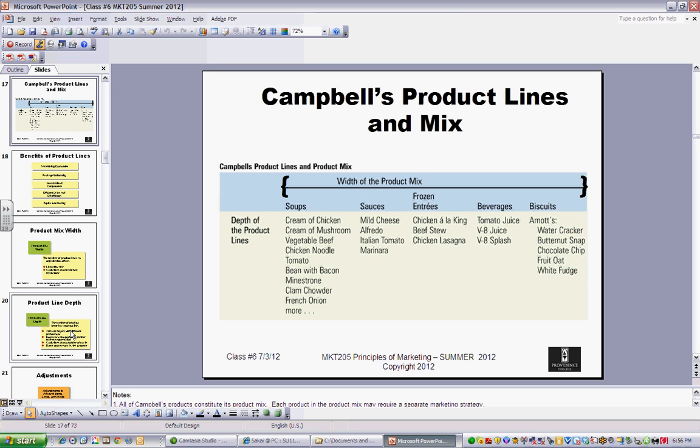If you think of someone like Campbell's, for instance, you think of them as a soup company, but it turns out that Campbell's actually has a lot of different product lines. They have a sauce line, frozen entrees, beverages, biscuits, and there are a lot of benefits to having a wider product berth. In particular, if you're a soup company, most soup tends to get consumed in the colder months, although there is the outlier, which is typically clam chowder, which gets more highly consumed during the summer months.